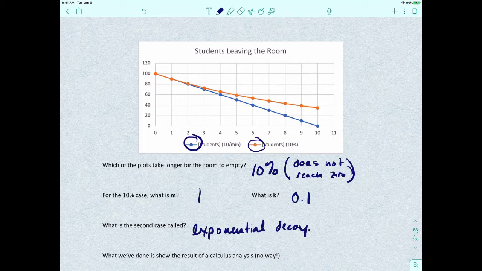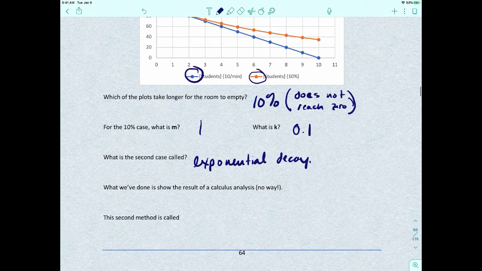All right. So what we've just done graphically and talking our way through this is a result of a calculus analysis. So we're actually doing calculus even though we haven't done a derivative or an integration.